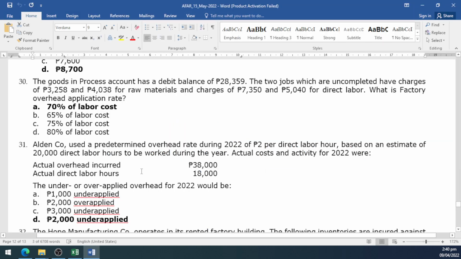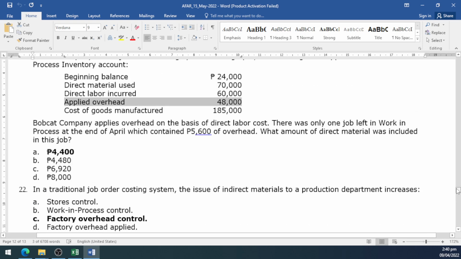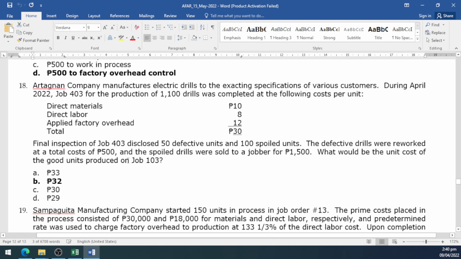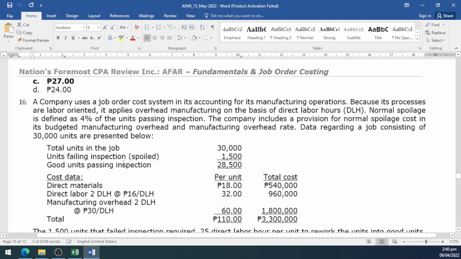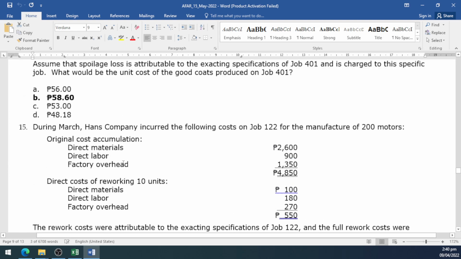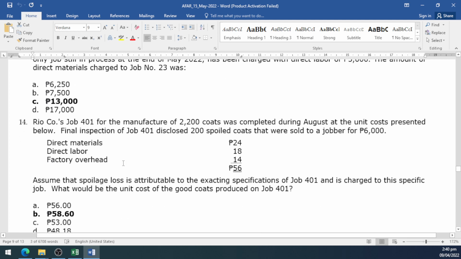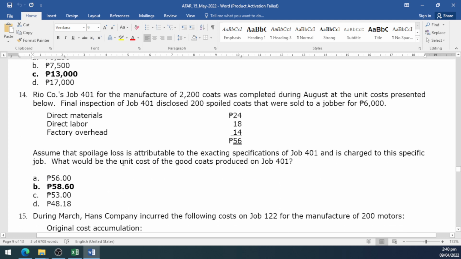I-apply natin yan sa multiple choice para simultaneous yung ating illustration. Look at this problem in here. Number 14, Rio. 2,200 coats was completed below unit cost.